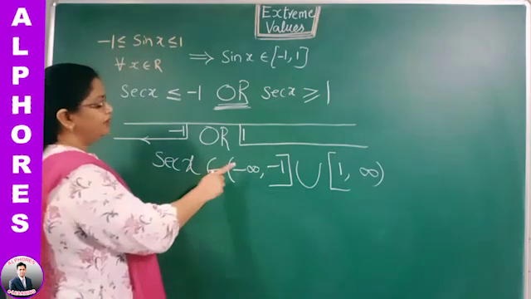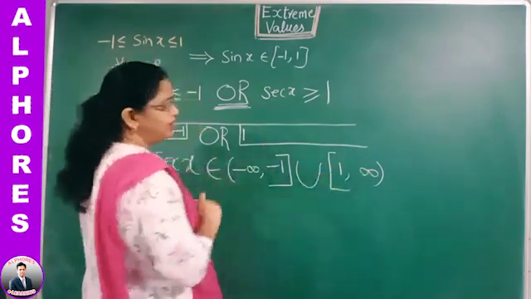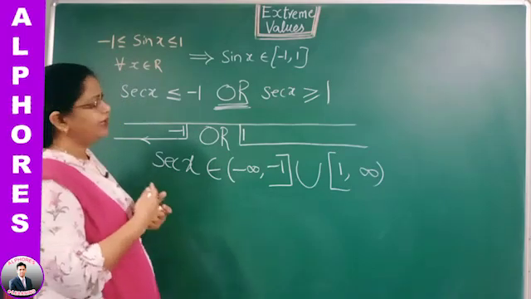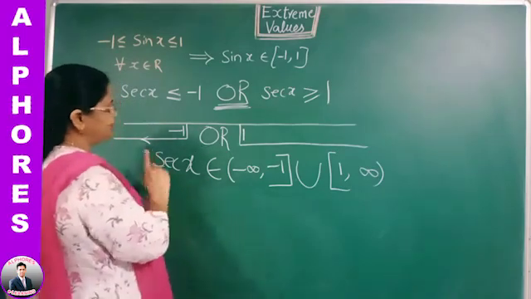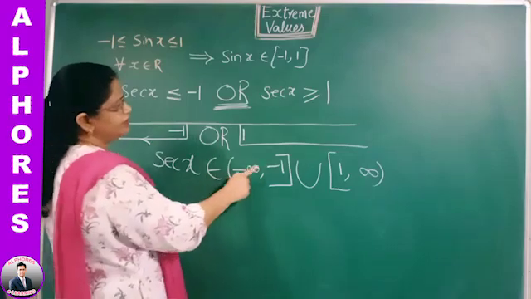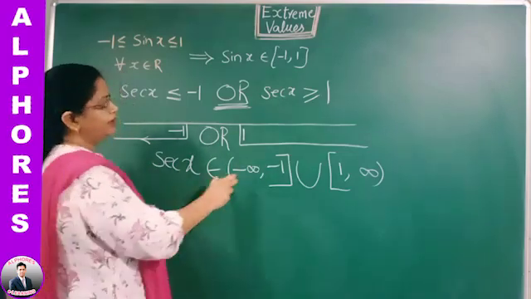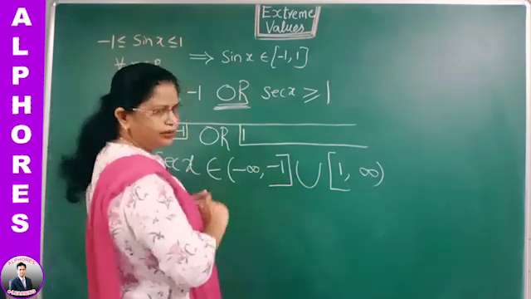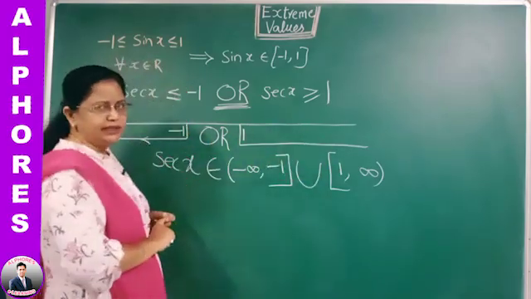That's why whenever minus infinity or infinity comes, don't call them least or greatest values. And for this function secant x, for minus infinity to minus 1, either the maximum value exists or the minimum value exists, right students?